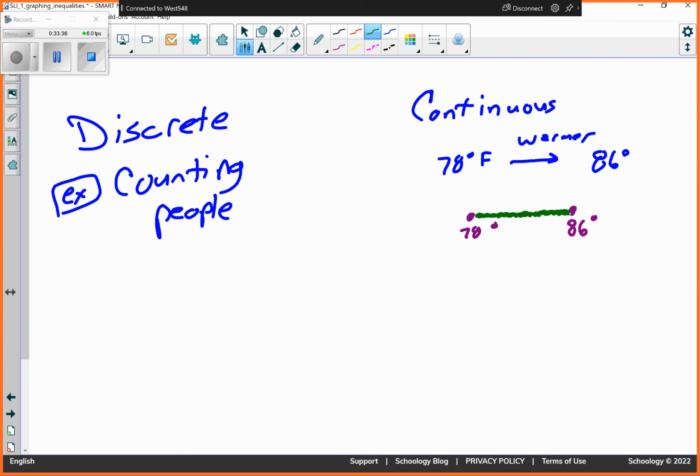Now, our digital thermometers usually read to 1 decimal, agree? Yes, they can go a little bit further than that, but if I had a digital thermometer, it'd go 78, 78.1, 78.2, 78.3, 78.4, all the way up to 86.0. Agree?